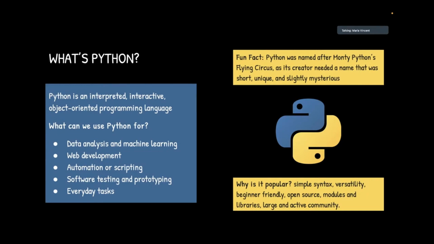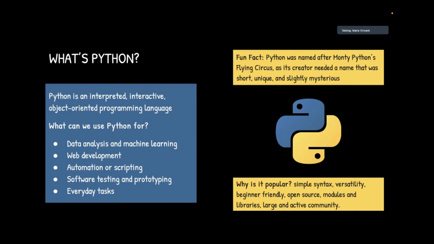If you want to add something, you would just do the number plus the other number, or the variable plus the other variable. So it is very easy to understand because of its simple syntax. It's beginner friendly, and there are a lot of resources available. There's a lot of open source software modules and packages suited for various scientific and data purposes, which is why it's very popular.